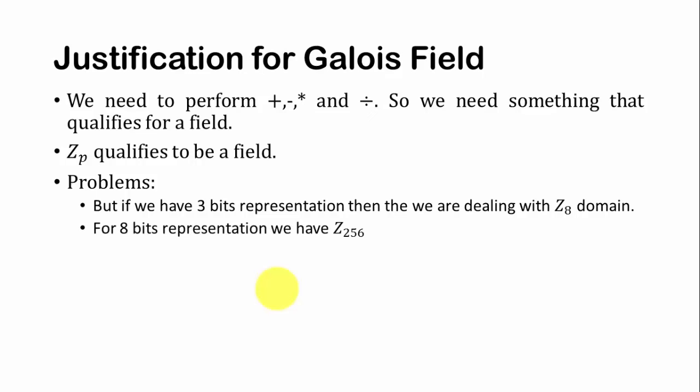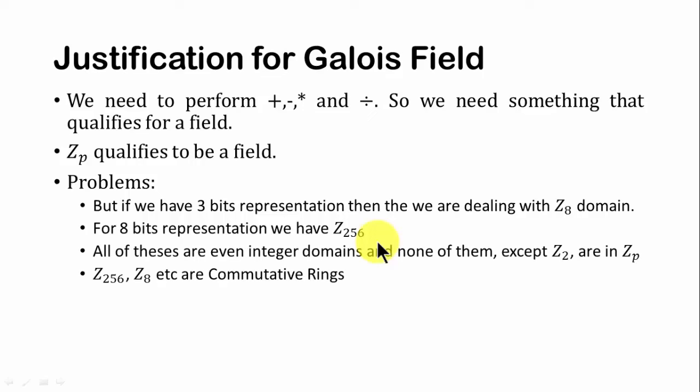If we are talking about 8 bits, then we are talking about the Z256 domain, right? And you will find that we will always be getting an even number over here, and these even numbers cannot be prime numbers. Since they are not prime numbers, they cannot be represented by ZP. If they are not represented by ZP, that means they cannot be a field, and all these are basically commutative rings.